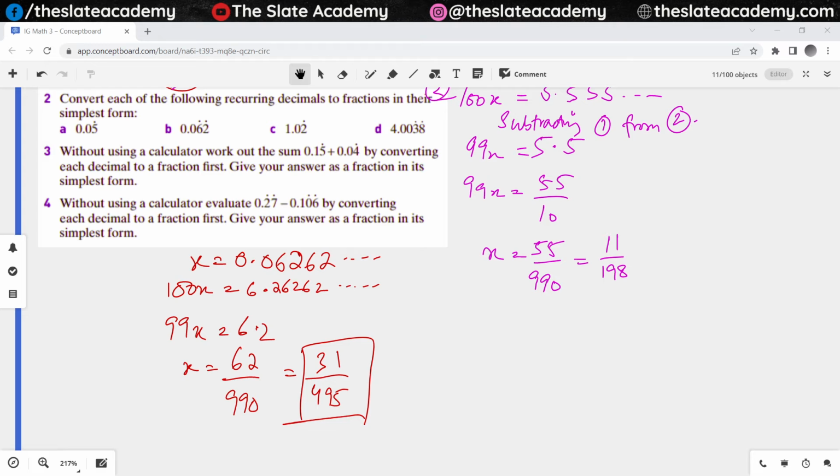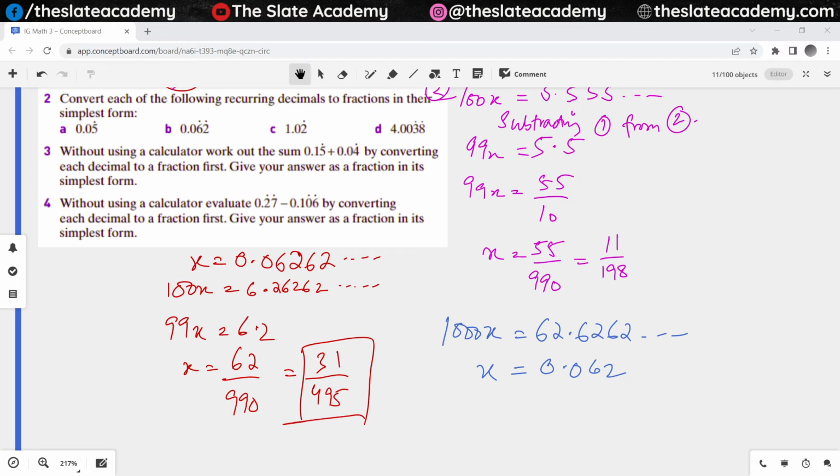Okay, look over here. Miss Anam, if we do it by 1000, it would become 1000x is equal to 62.626262, right? 62.6262 and onwards. And x is 0.062.